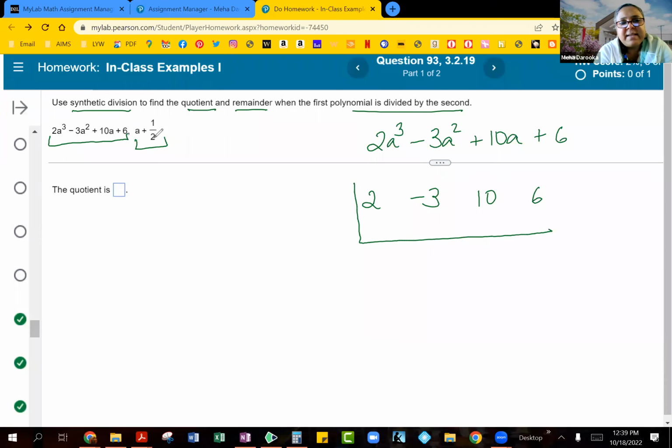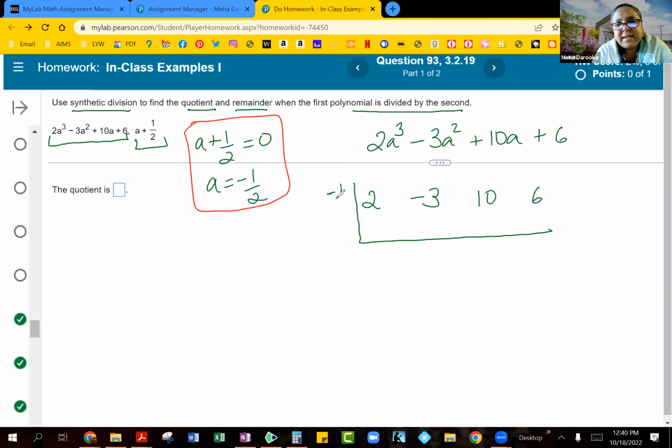And then we are dividing this by a plus 1/2. So again, set that equal to 0, which tells us our a equals negative 1/2, right? And this was sort of just our scratch work on the side. So you're actually going to be dividing this by negative 1/2.